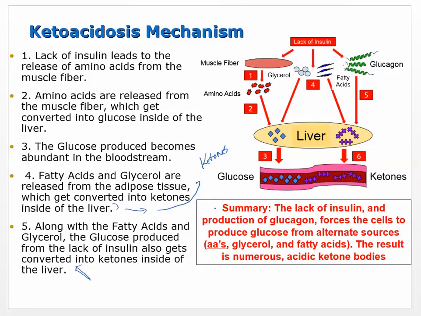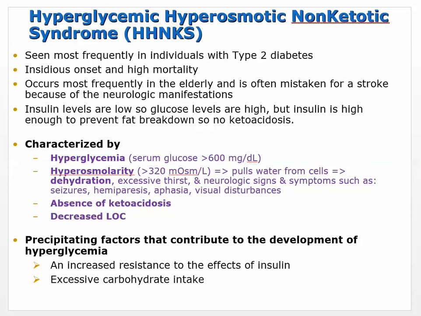So summary, I have a summary here. The lack of insulin and production of glucagon forces the cells to produce glucose from alternate sources like glycerol and fatty acids, and the result is numerous acidic ketone bodies. Now, there's something else, another complication, hyperglycemic hyperosmotic non-ketotic syndrome.